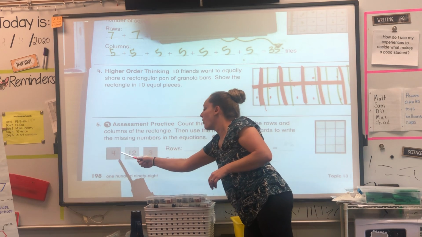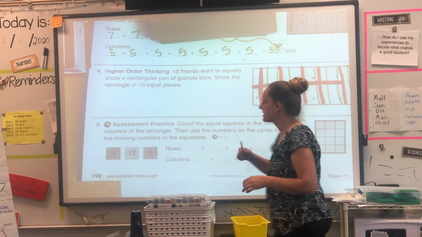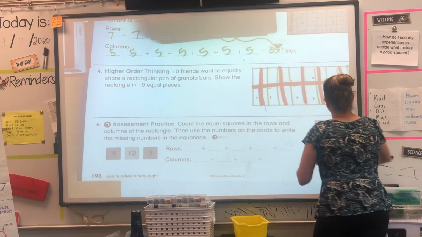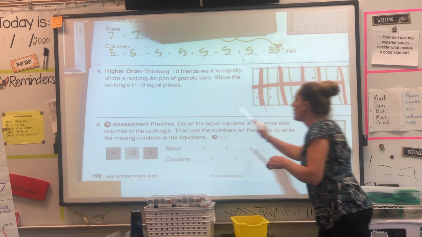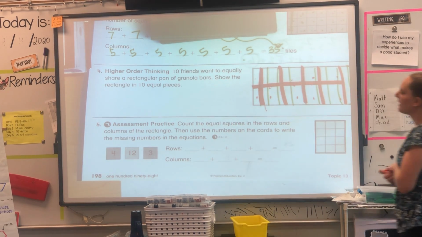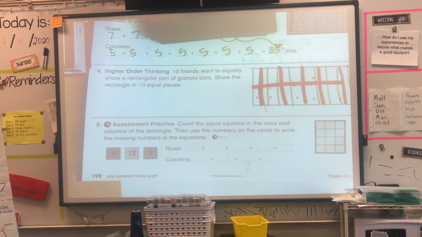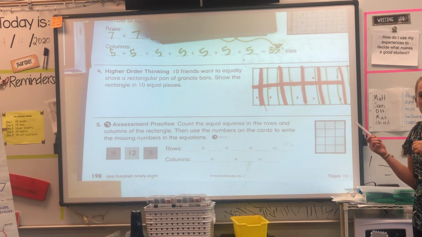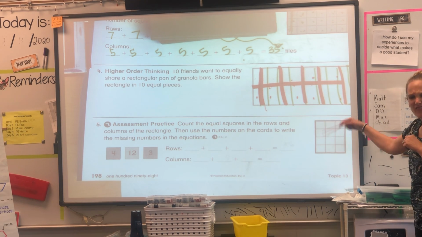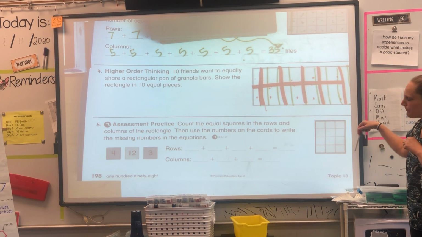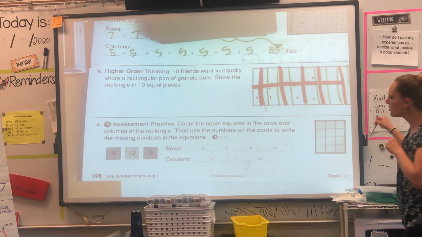So you're going to use 4s, 12s, and 3s. Where, using this diagram, am I going to put my rows? What number am I going to put with my rows? So I'm going to give you just a minute. I want you to maybe at home draw me a figure of this on a scrap piece of paper. Use your pencil and draw.